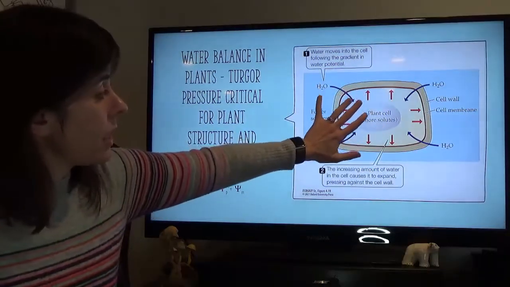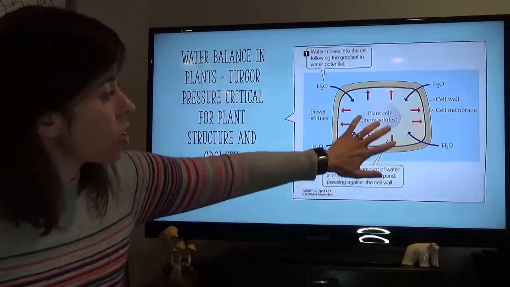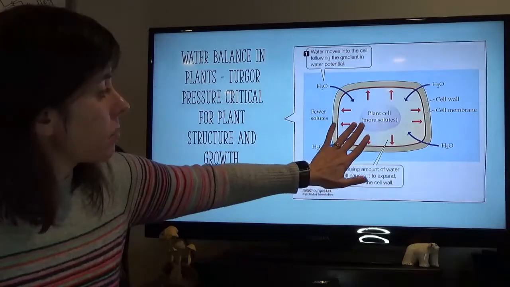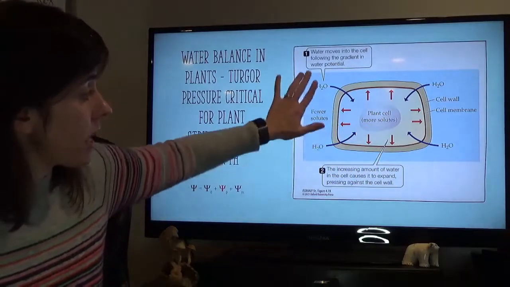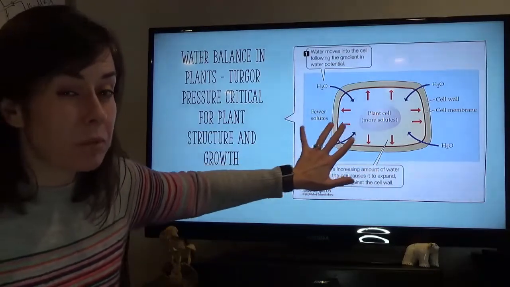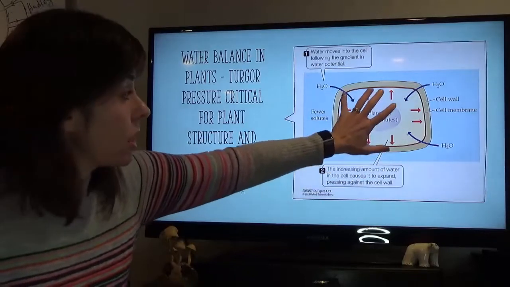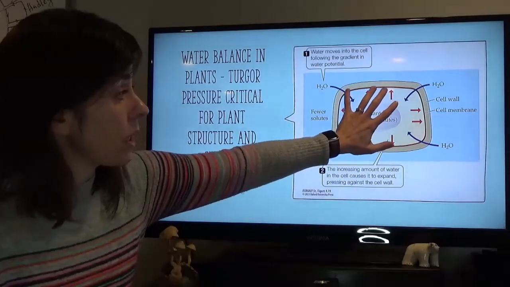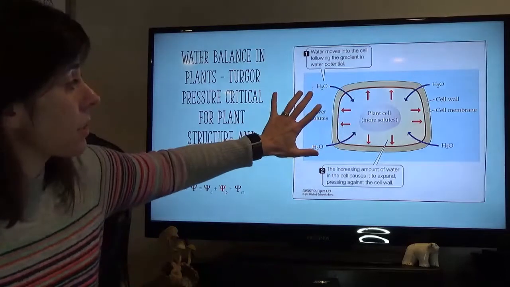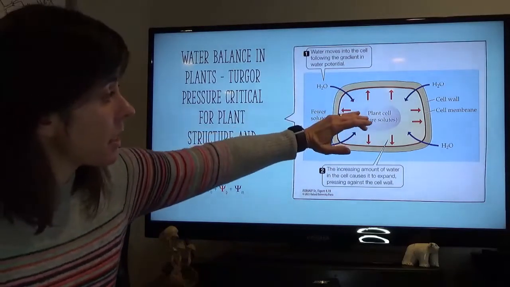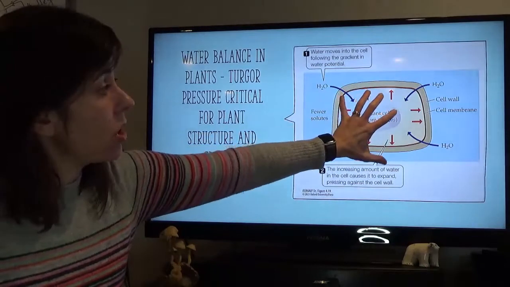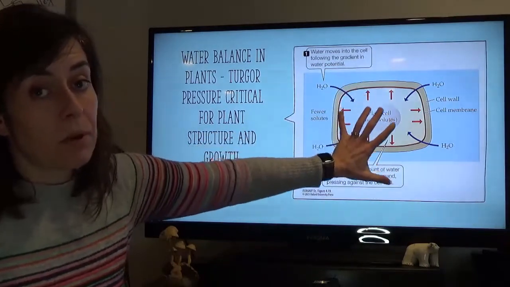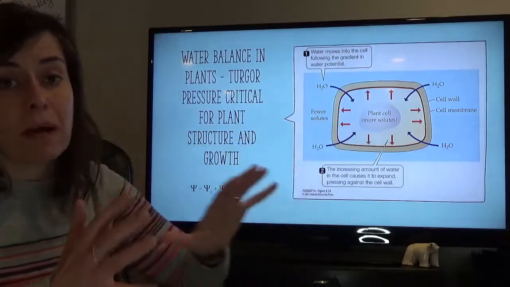And so we have this gradient in water potential that's established by the plant cell having more solutes than outside of the cell. So this is osmotic potential. The osmotic potential value inside the cell is greater than that outside the cell, so water moves inside the cell. This creates a situation where there's turgor pressure imposed within the cell, and so eventually a balance will be reached.